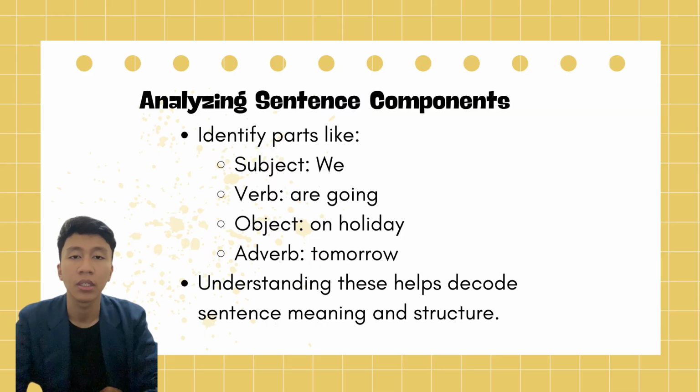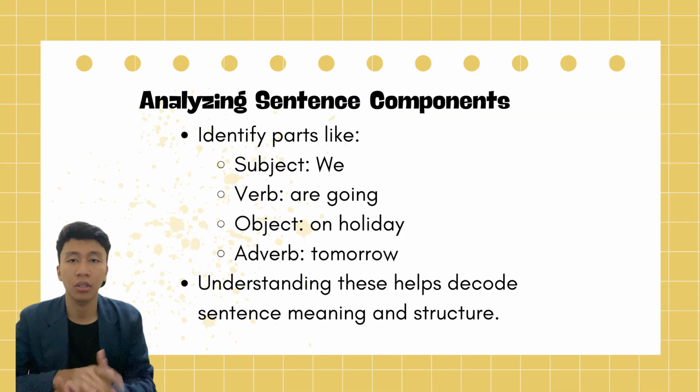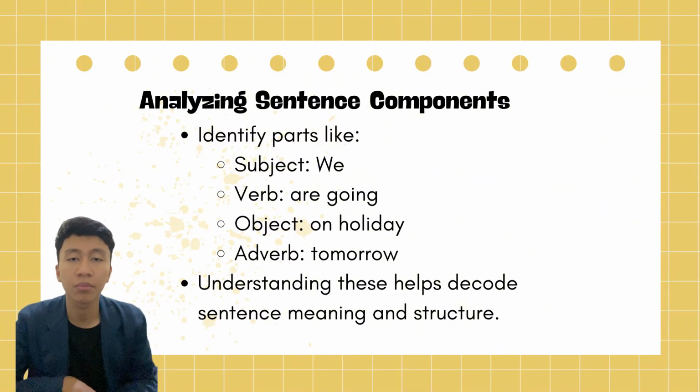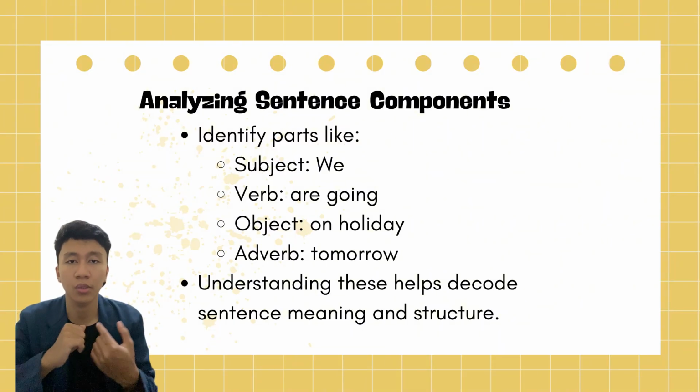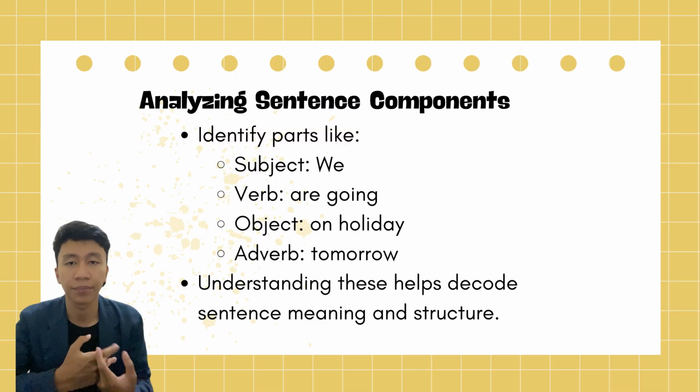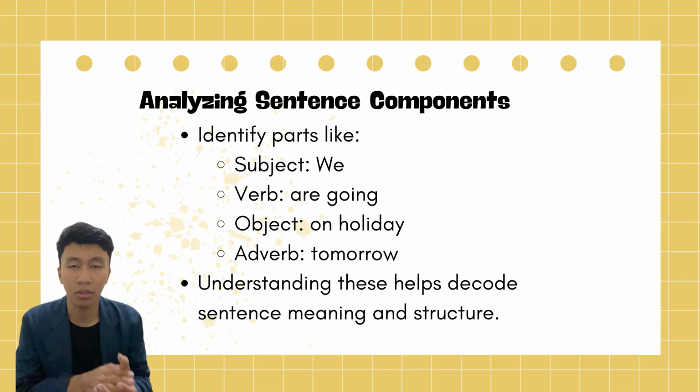For example, in "We're going on holiday tomorrow," the subject is "we," the verb phrase is "are going," the prepositional phrase is "on holiday," and the adverb "tomorrow" tells us when the action will happen. This analysis helps us see how syntactic parts connect to create a meaningful sentence.